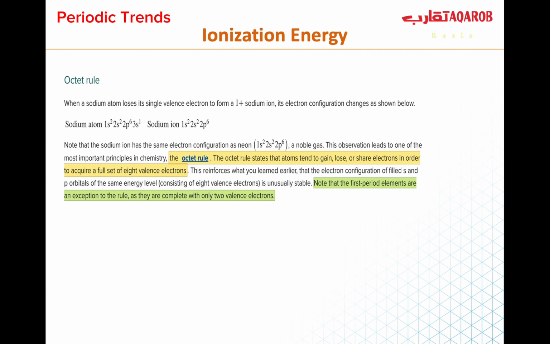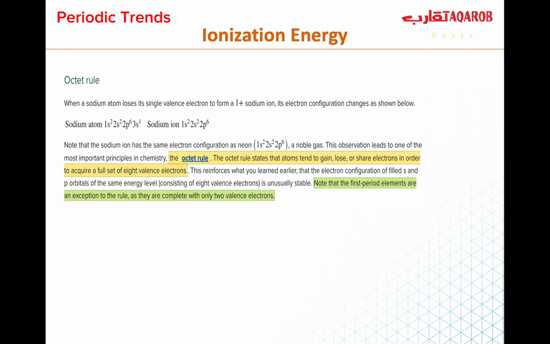This observation leads to one of the most important principles in chemistry, which is the octet rule. The octet rule states that atoms tend to gain, lose, or share electrons in order to acquire a full set of 8 valence electrons. So atoms always tend to lose, gain, or even share electrons. Why? To have a full set of 8 valence electrons.